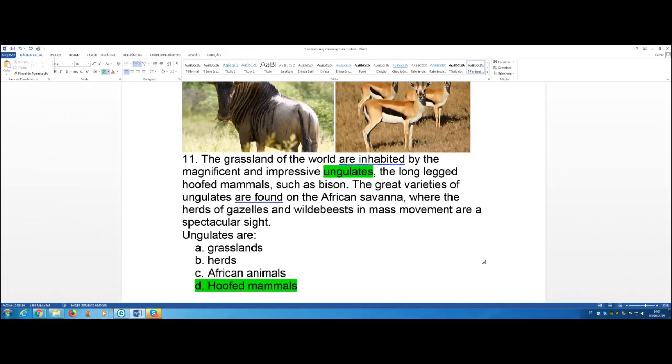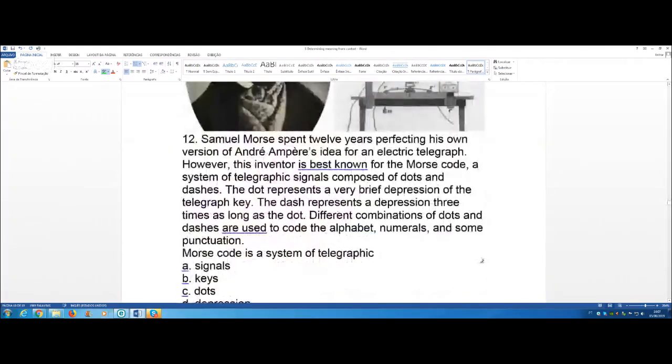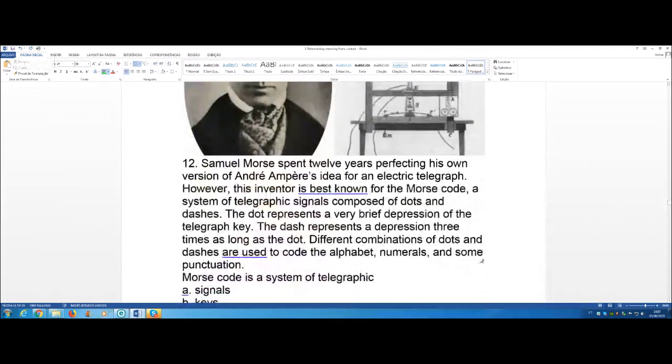If I spot something that is very wrong, I will tell you. But if I don't, then I will not tell you anything, okay? So go ahead. The next one's yours. Samuel Morse spent 12 years perfecting his own version of Andre Ampere's idea for an electric telegraph.